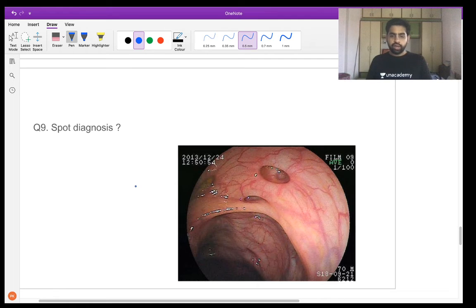Boyer-Reeve syndrome. Why Boyer-Reeve syndrome? So I'll just give you an idea. What is this? This is basically a colonoscopy. Okay, so yeah, my bad. It is basically a colonoscopy. Diverticulae. Okay, punched out ulcers of the esophagus. Okay, esophageal perforation, esophagus.